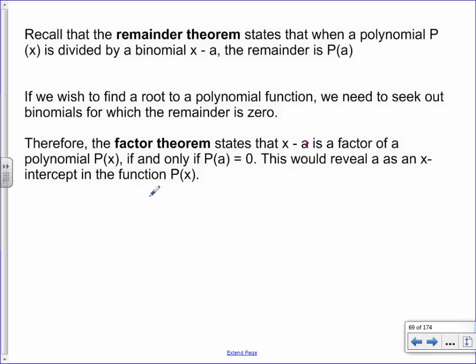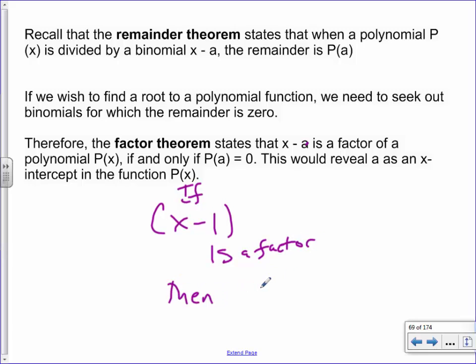Let's see if I can make this better. Let's say it was x minus 1. If this is a factor, then if you plug in plus 1, it needs to equal 0.